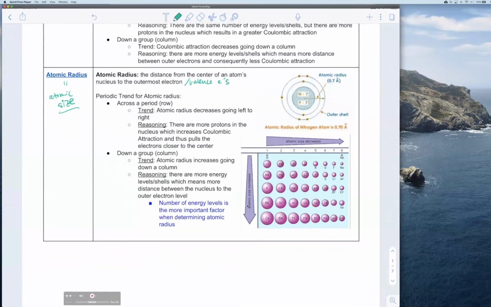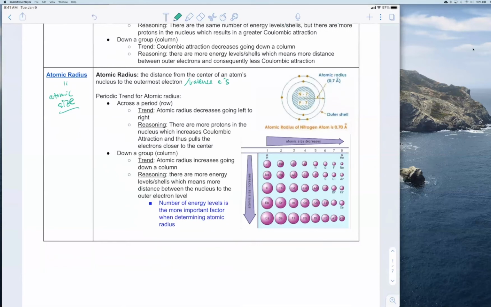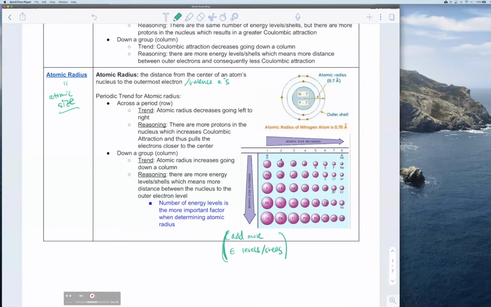The reason it gets bigger as you move down the periodic table is because you're adding more energy levels or shells. So if you add more energy levels, then obviously your atom is going to get bigger and bigger. But if you notice here, in the same period you see something interesting.